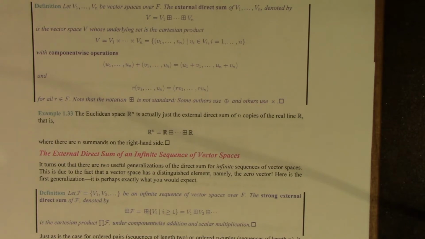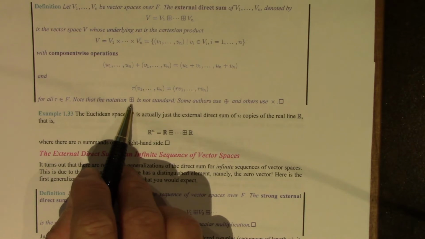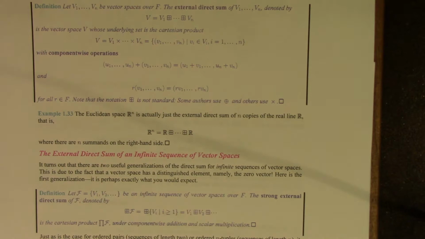And I'd rather have different notations for the internal and external direct sum. So I use a plus sign with a square around it. It's not standard notation, but as I recall, a couple of the reviewers of my advanced linear algebra book thought the notation was very nice, and so at least that's some validation.